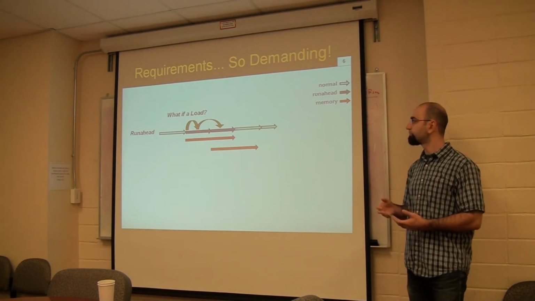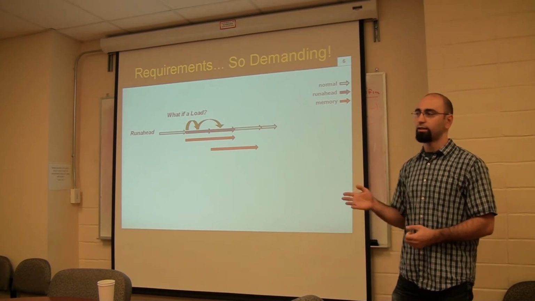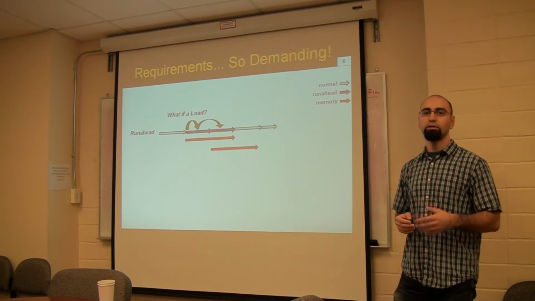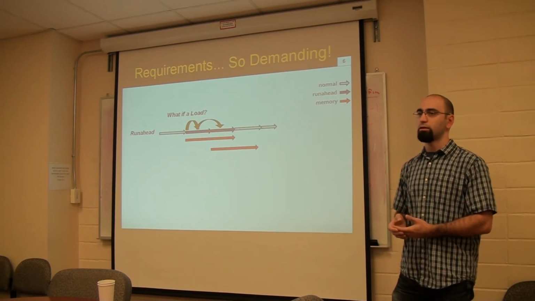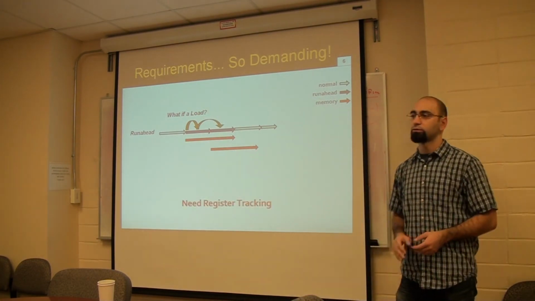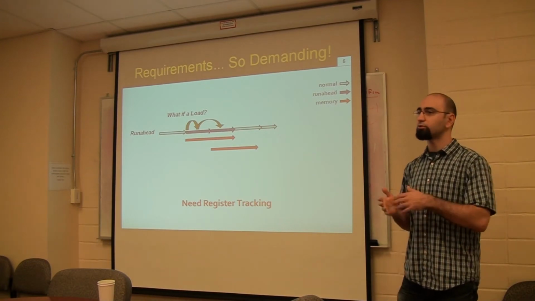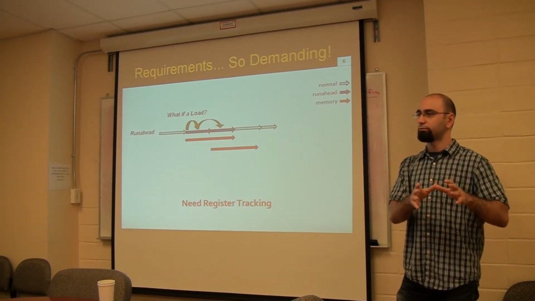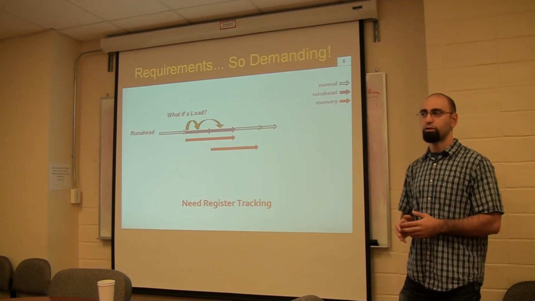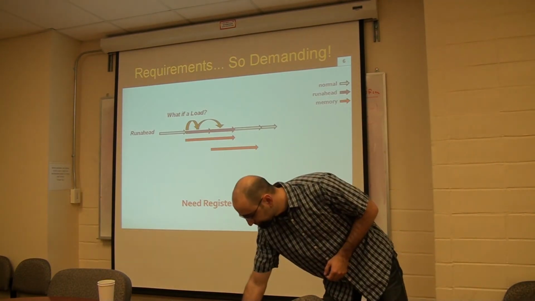We need to be able to track the invalidity of data and say that any instruction that's using these values is not producing valid data. So we need to somehow track valid data in our processor, basically our register file, and say any instruction that falls into that tree of data, we're not going to execute it because it's not producing valid data. So we need register tracking too.